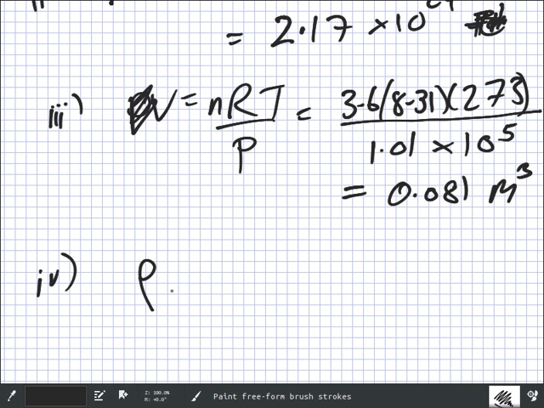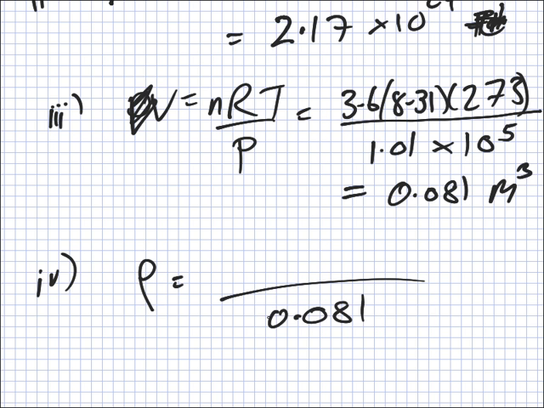The last part is the density. So the density is the mass over the volume. And the nice thing is we know the volume. We have to work out the mass. Now you're told that the relative atomic mass is 16. So are they trying to say that 1 mole is 16 grams? You're the chemistry students, you can help me out here.